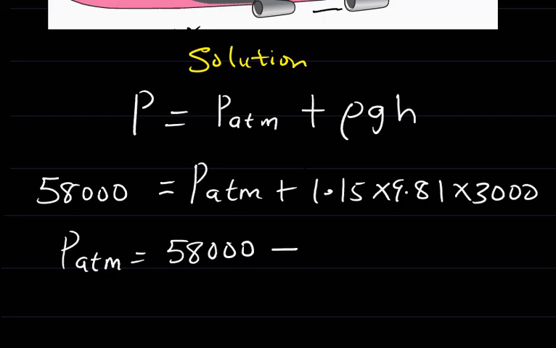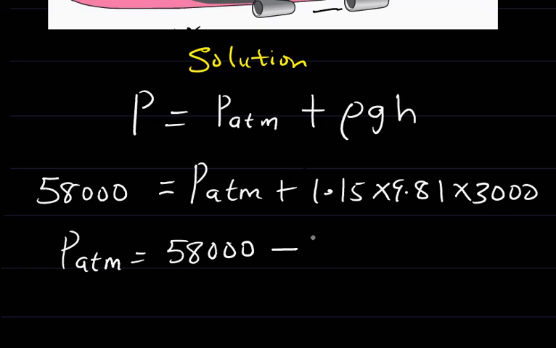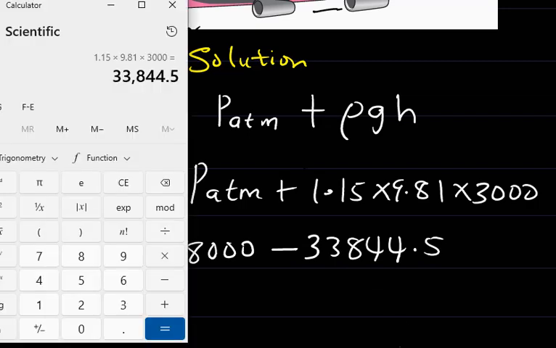Then minus, let's calculate, 1.15 times 9.81, then multiply by 3,000. That is 33844.5. So let's subtract.